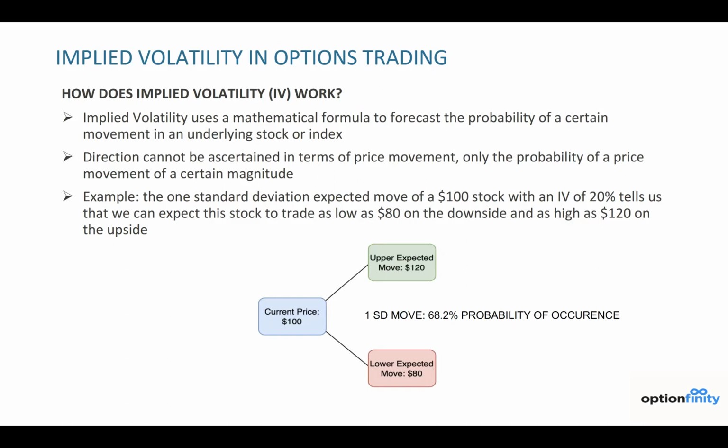So a 1 standard deviation expected move will give us a 68.2% probable occurrence of this range of values, which means that, for example, 1 year from now on this stock, we can expect that we'll have a price of between 120 and 80 per share with 68.2% probability.